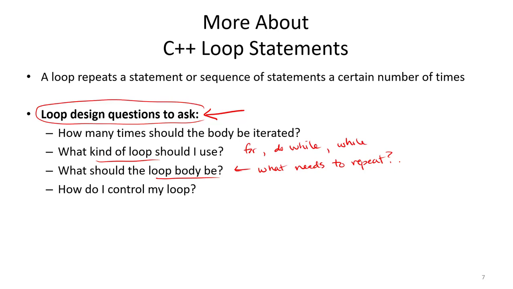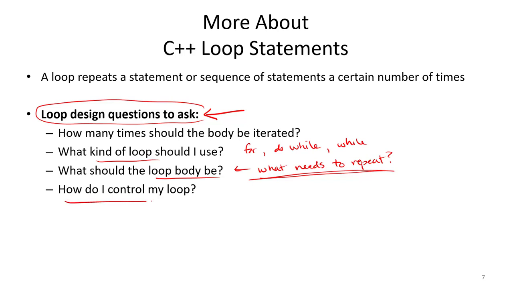Remember, the only things that really need to go in your loop body are the statements that need to be repeating themselves. So it's very important to be mindful about what it is you're putting in your loop. Does everything inside your loop have to repeat? So, general rule, the things that need to repeat are the statements that should go inside your loop.